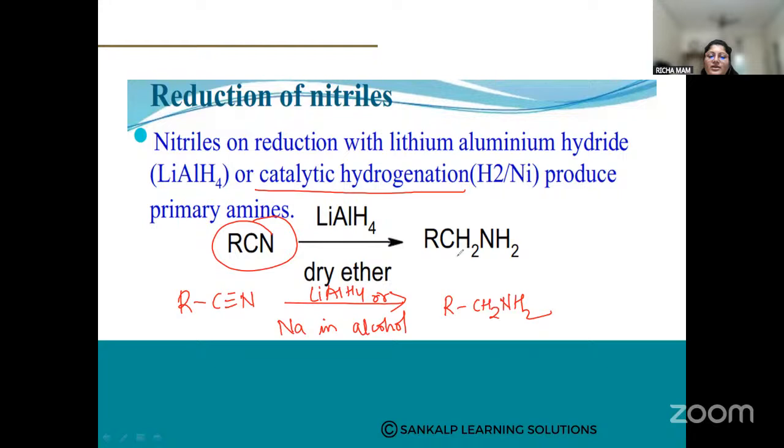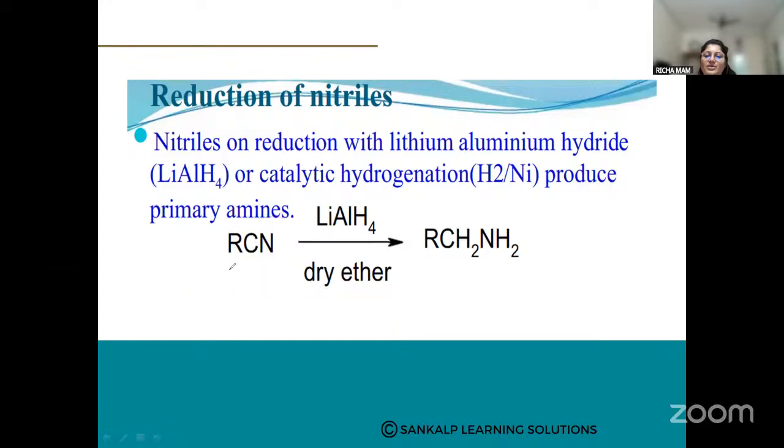So you are going to get primary amine. From nitriles or cyanides, you can easily do reduction by using lithium aluminum hydride or sodium in alcohol, or catalytic hydrogenation, that is by passing hydrogen over nickel, and it produces primary amine.